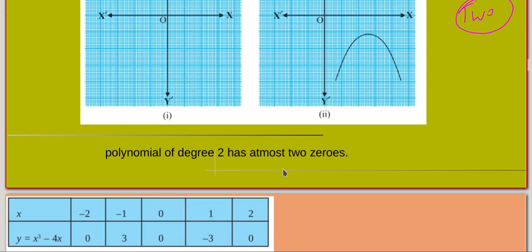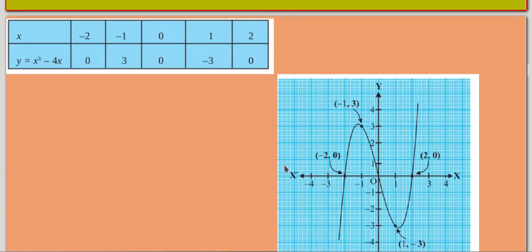In the same manner, if we plot the graph of a cubic polynomial, it meets the x-axis at three different places. Take y equal to x cube minus 4x. The degree of this polynomial is 3, so it is a cubic polynomial.